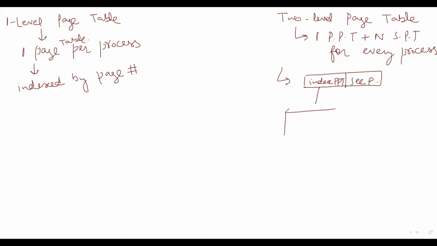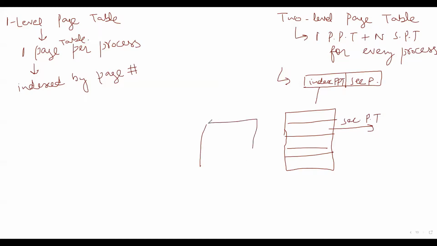Every entry of the primary page table stores the address of a secondary page table. So this is the primary page table, and by using the data stored in it, we can choose one of the n secondary page tables.